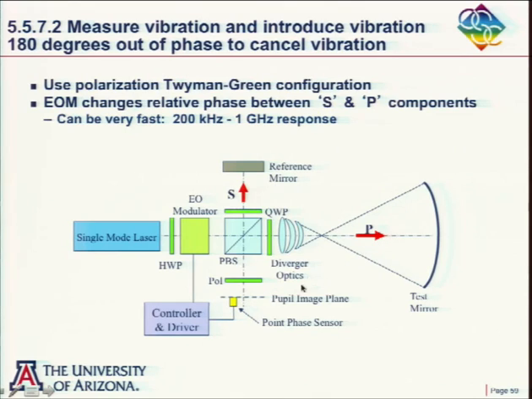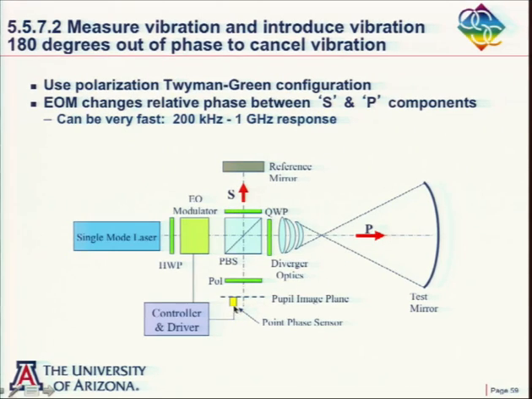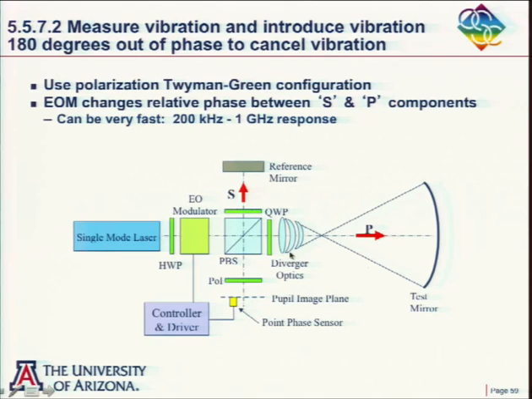So what I'm going to do here then is, if I have vibration, these fringes are going to be jumping around. And I'm going to see that from my phase sensor. And so I'm going to feed back a voltage here that will adjust the phase difference between the two to stabilize the fringes, to get rid of vibration.